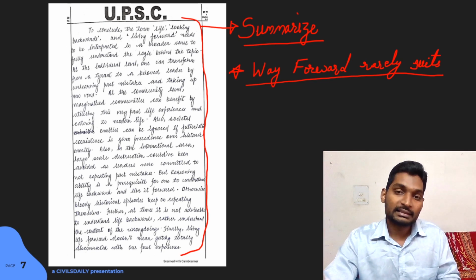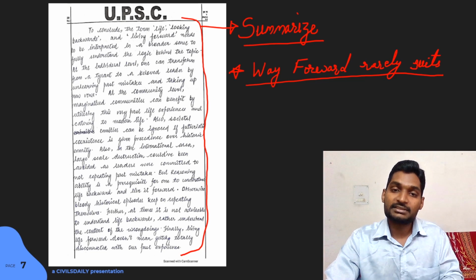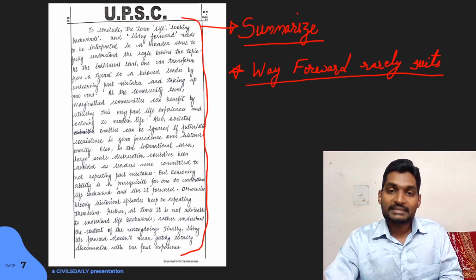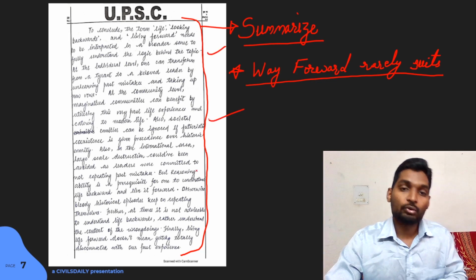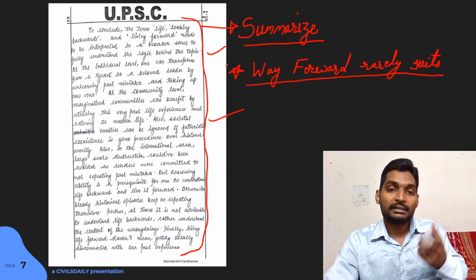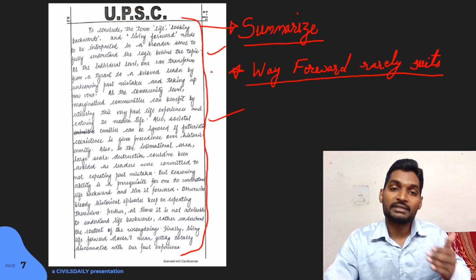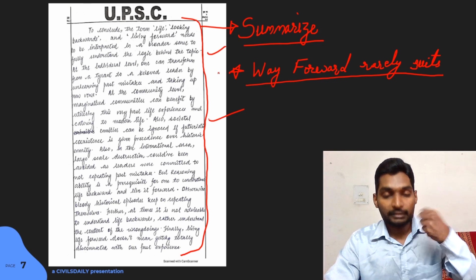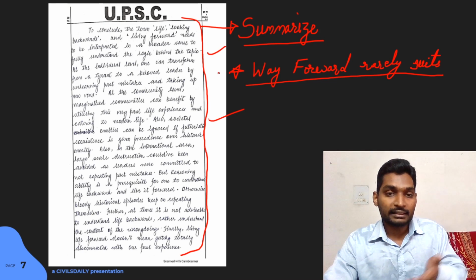So in philosophical essays, in general, summarization is the best option. Now, what do I mean by summarization? To summarize your essay, we mean that in the concluding paragraph, we have reinforced all the main arguments and main ideas that we have discussed in the course of the essay, and we have consolidated all the ideas for the examiner: look, this is what I have spoken in the entire essay.